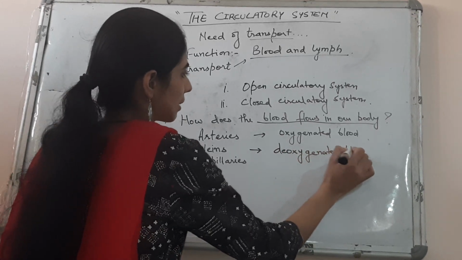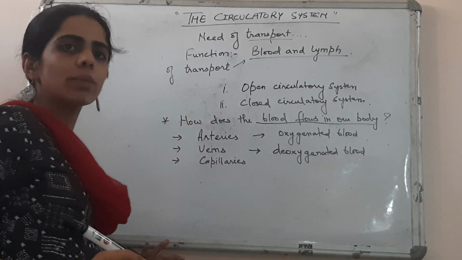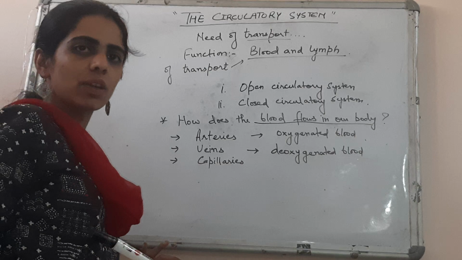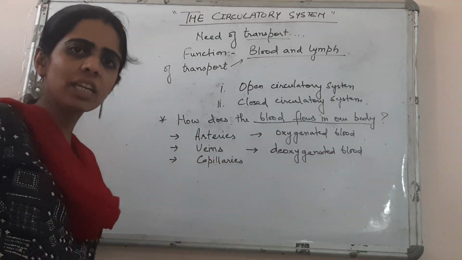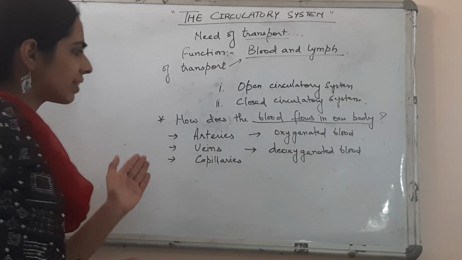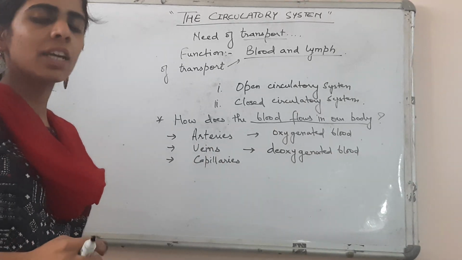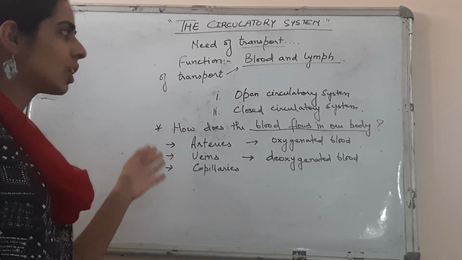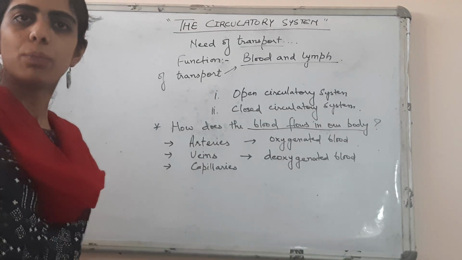Always remember children, this deoxygenated blood does not carry any oxygen and it is generally blue in color. It flows in veins. And the third blood vessel that we have is the capillaries. These are the three channels through which the blood is flowing in our body.